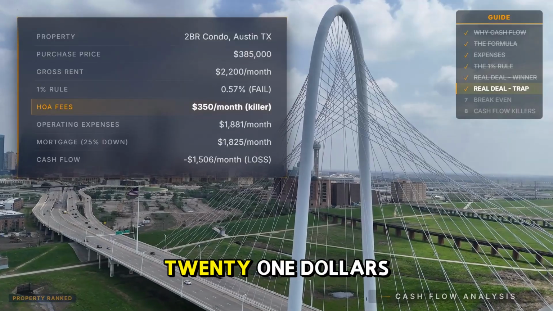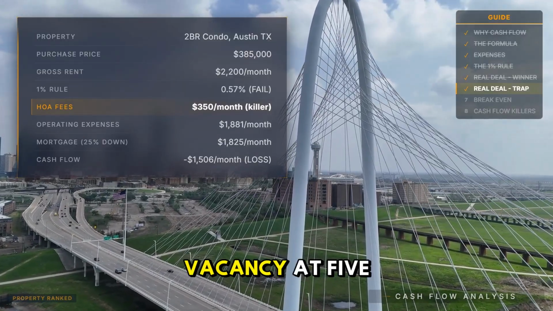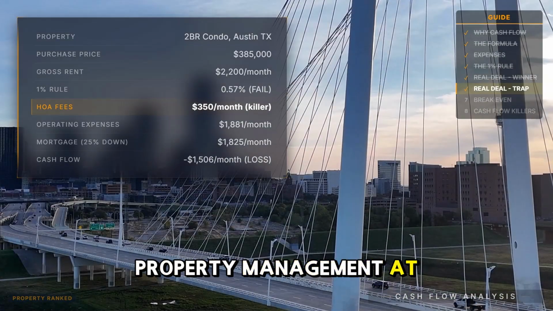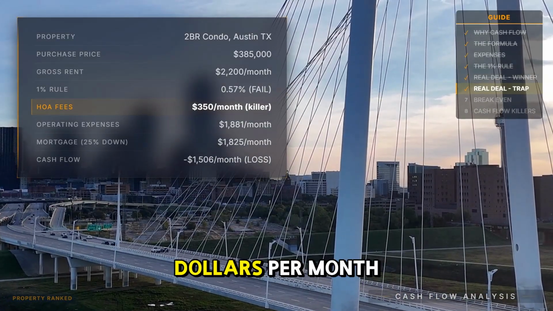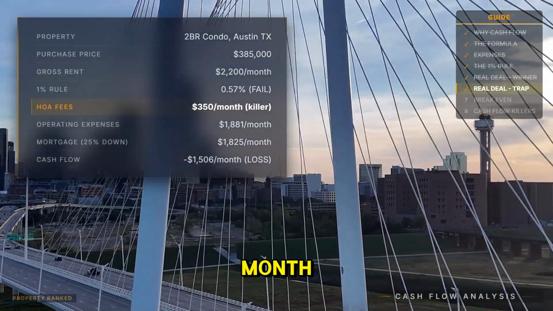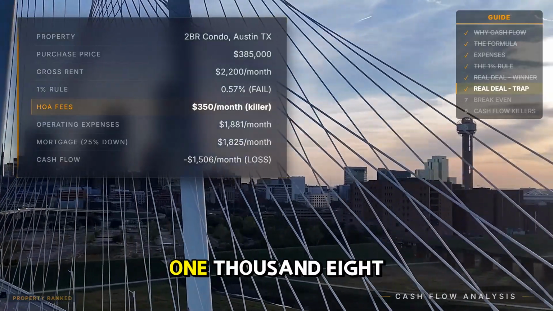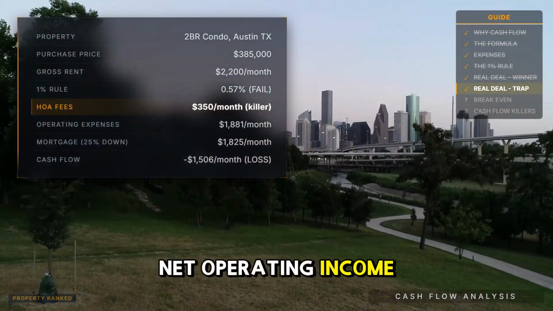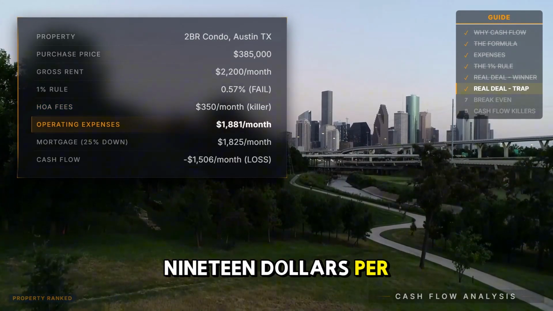Maintenance, $321 per month. Vacancy at 5%, $110 per month. Property management at 10%, $220 per month. CapEx at 5%, $110 per month. Total operating expenses, $1,881 per month. Net operating income, just $319 per month.